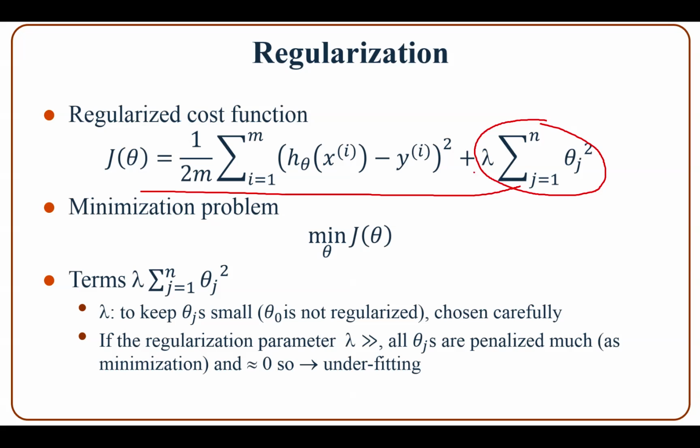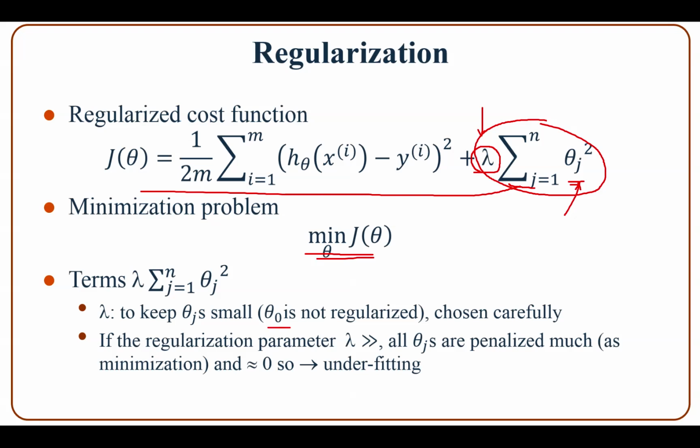If lambda is chosen large enough, then the parameters theta j are reduced. Notice that this is a minimization problem, right? So lambda is big, and when you minimize the cost function, it helps to shrink or reduce the parameter theta j.